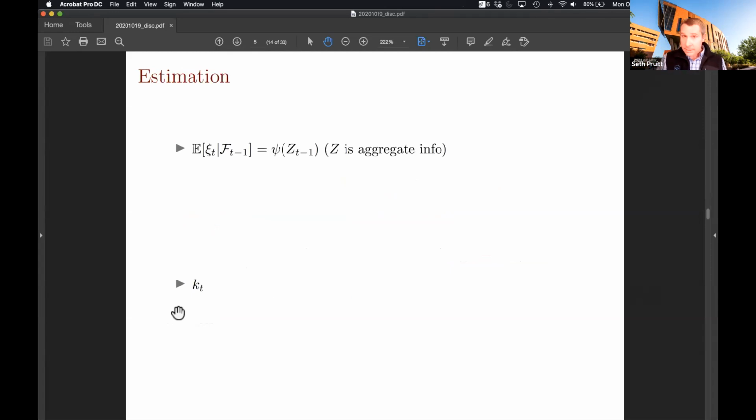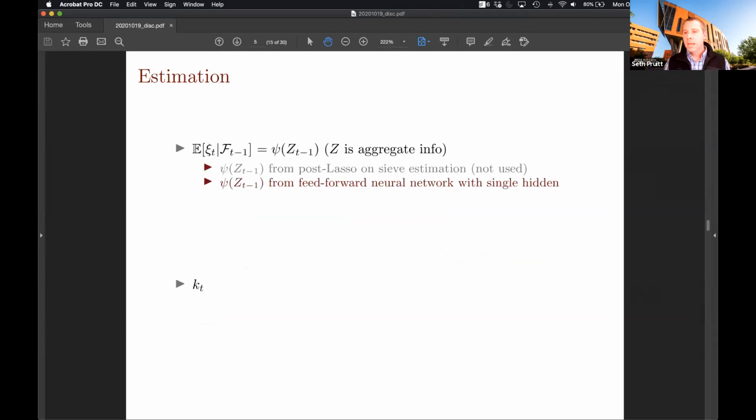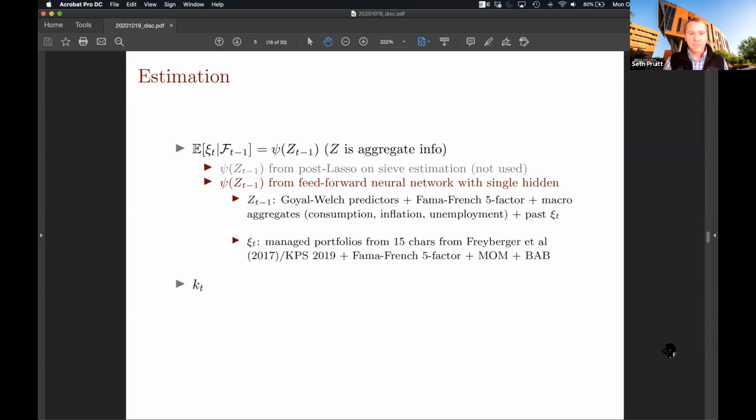Okay, so what they take this conditional expectation to be is a function of aggregate info, right? And they're going to allow this function of aggregate info to be pretty general. They're going to estimate it from a feed-forward neural network with a single hidden layer. They also discuss this other method. Now, it matters what you're going to include as the information.